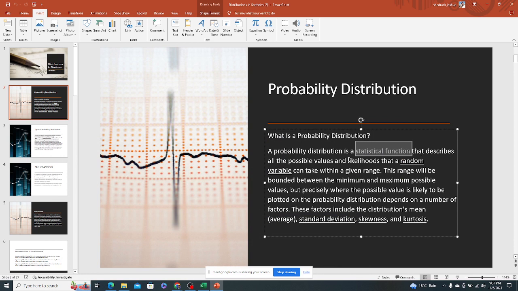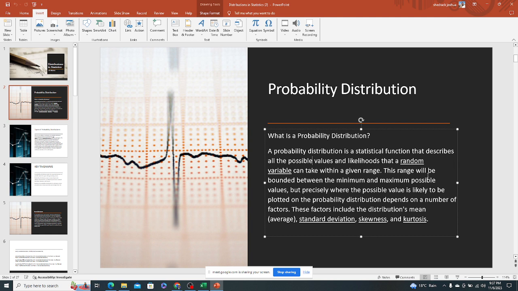A probability distribution is a statistical function that describes all the possible values and likelihood that a random variable can take within a given range.